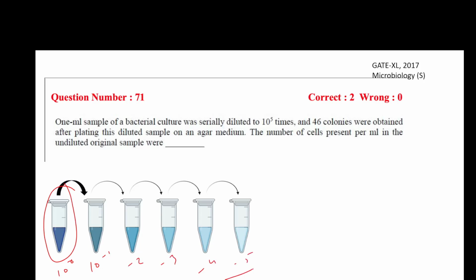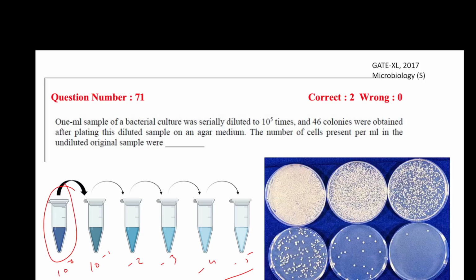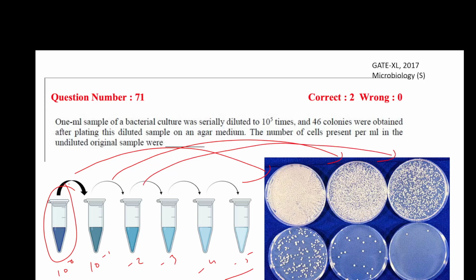If you plate from the first, you'll get a whole lawn. If you plate from the next, you'll get less dense growth, because the number of bacterial cells in the suspension is becoming less and less. At the third dilution you'll get even fewer colonies, then fewer still, and then very few.